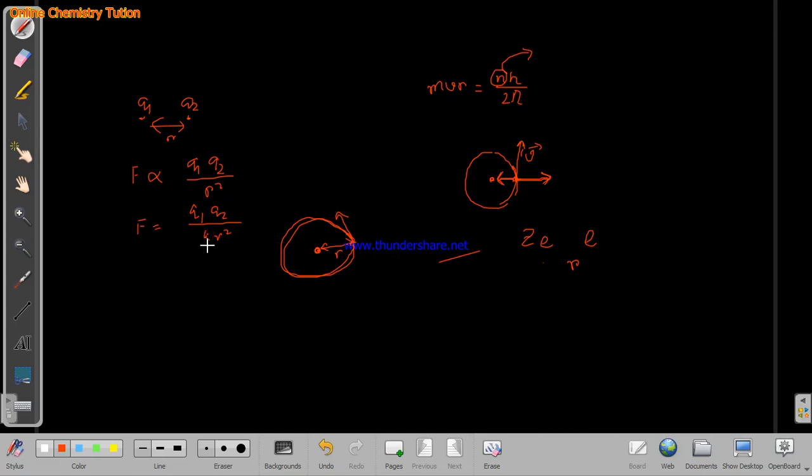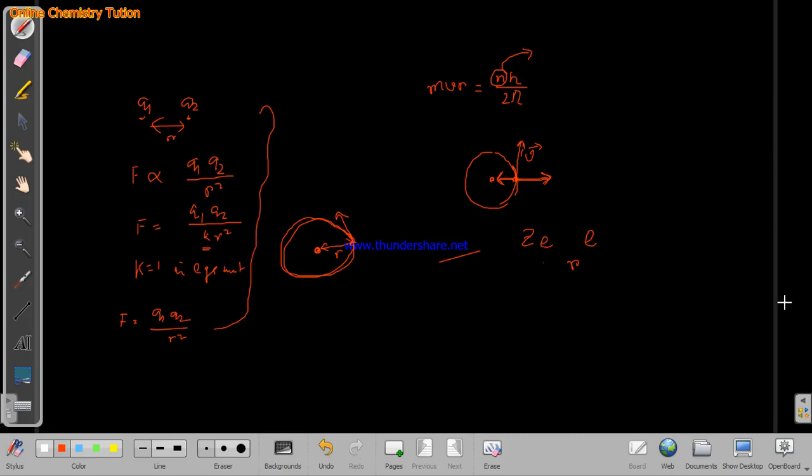In CGS unit, we know that the value of k is 1. So in CGS unit we write F equal to q1 q2 by r square. This is the Coulomb law.